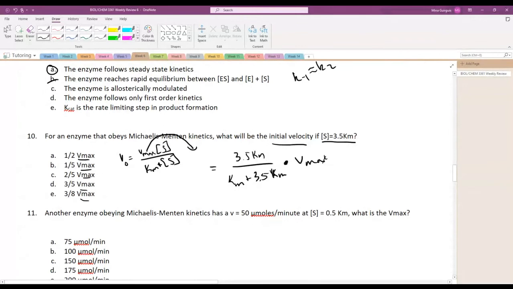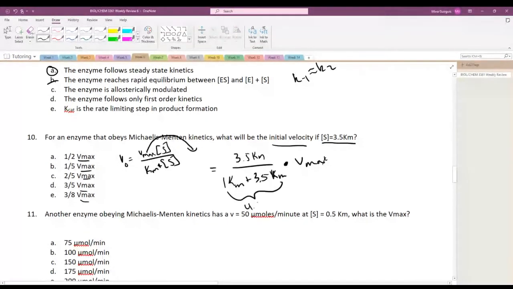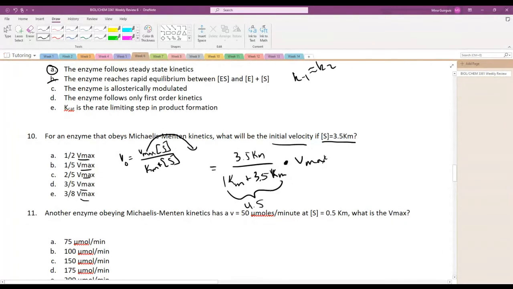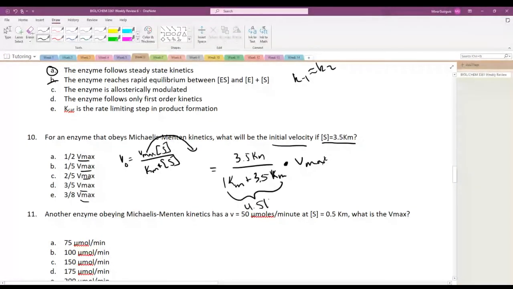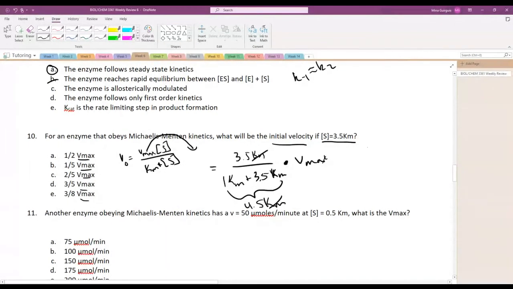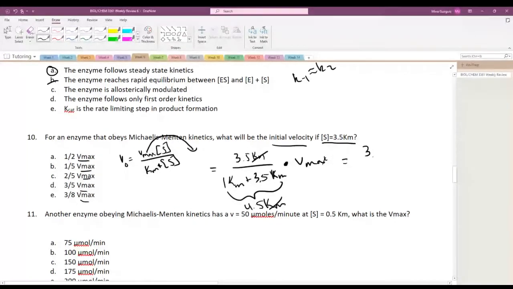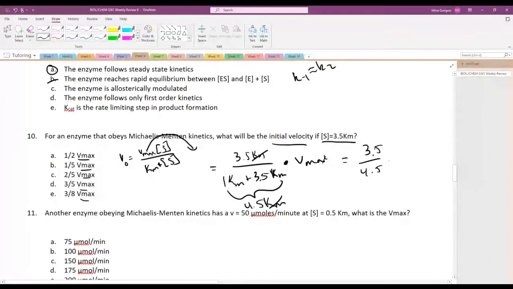So this bottom bit, you have 1 plus 3.5 to get to 4.5 Km, and then the Ks can cancel. So what this cleans up to is 3.5 over 4.5 times Vmax, which ends up being 7 over 9.